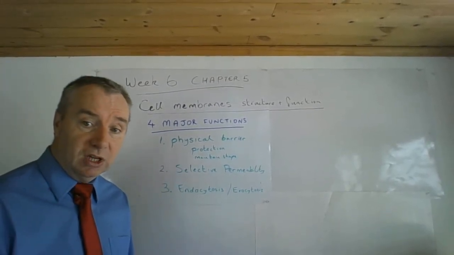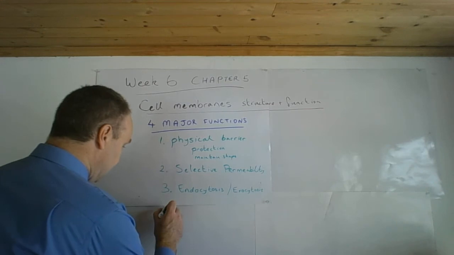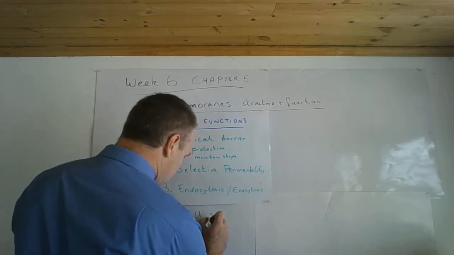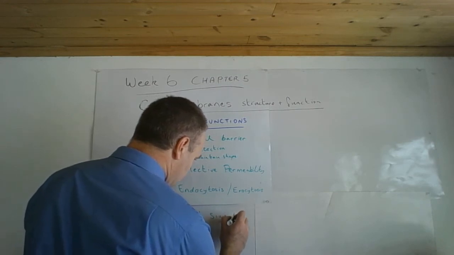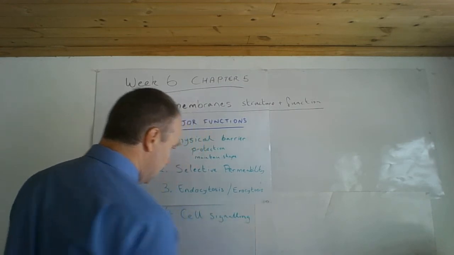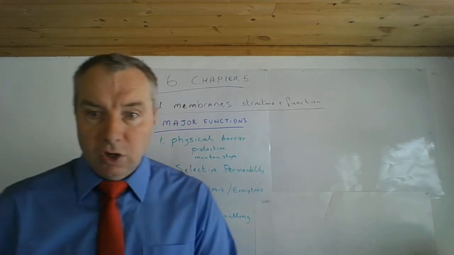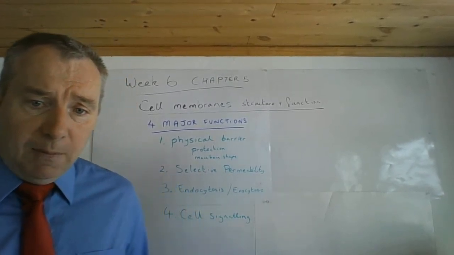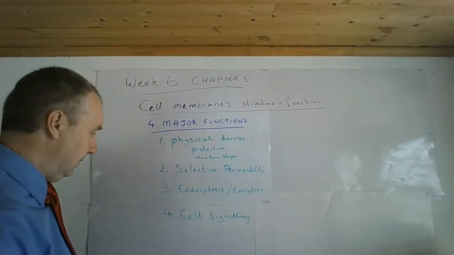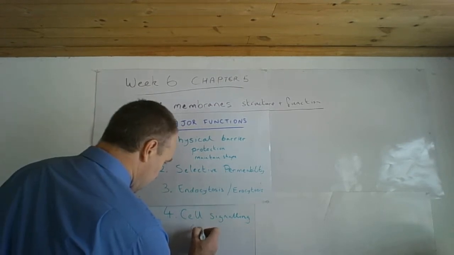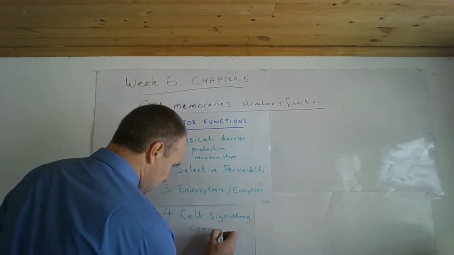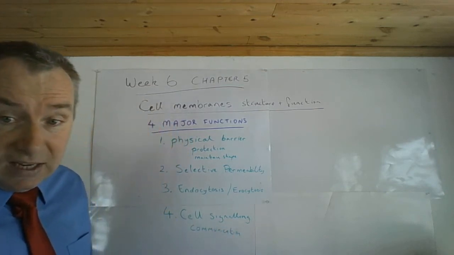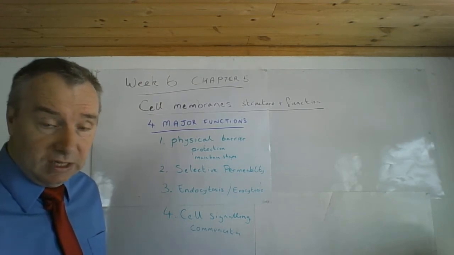Another important cell function is cell signaling. So there's a couple of ways that cell signaling works. One is communication with other cells. And another is IDing itself, identifying itself to other cells.